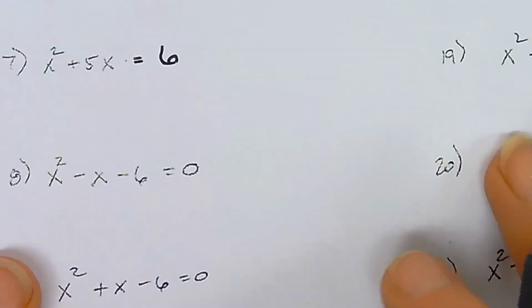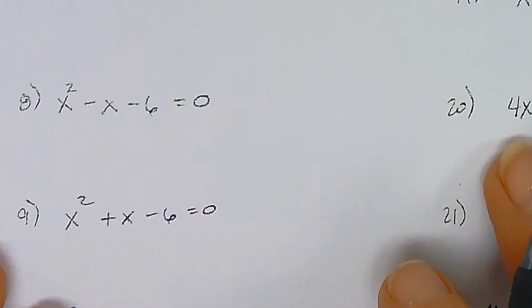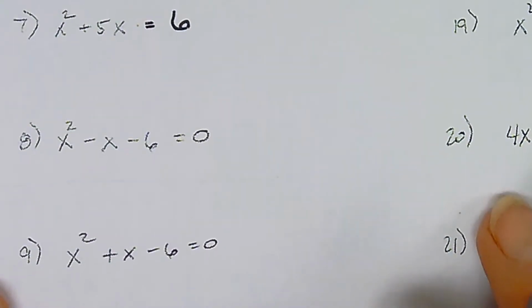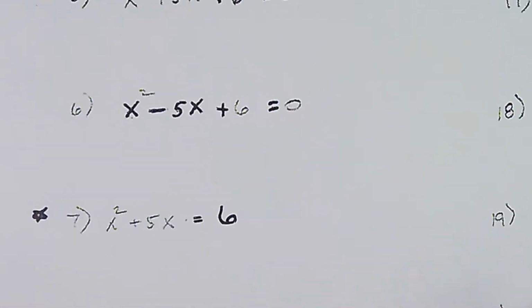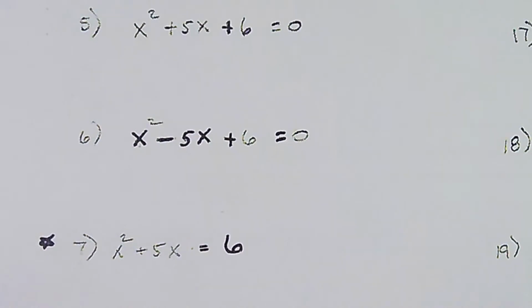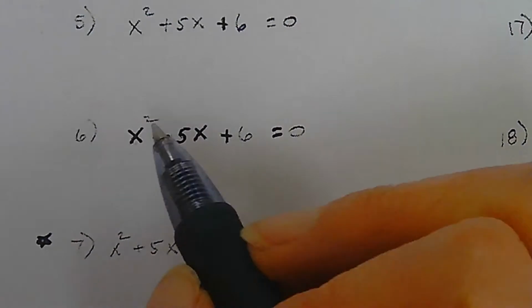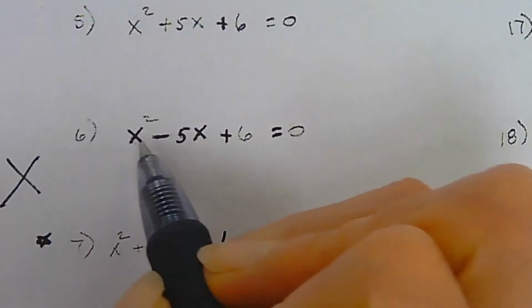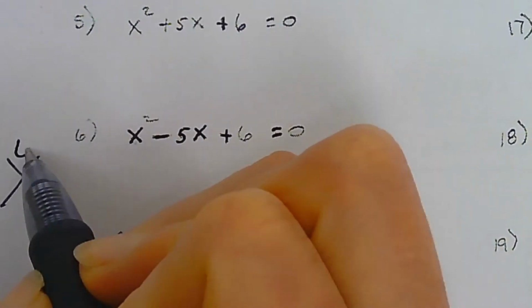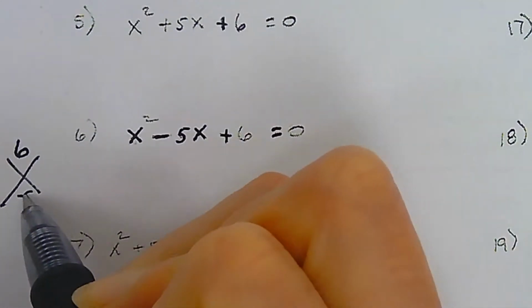I'll skip down to number 6. I'll make a diamond. 1 times 6 is 6, and negative 5 goes here.